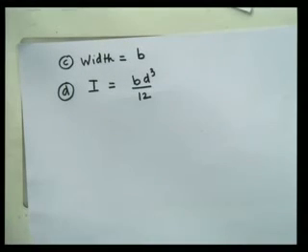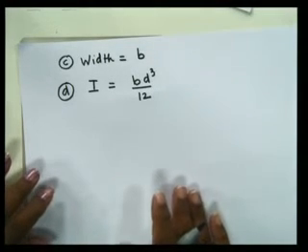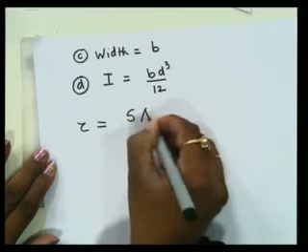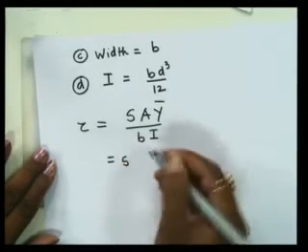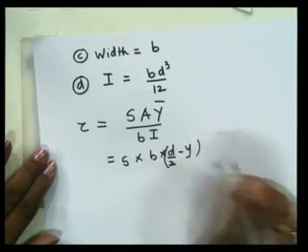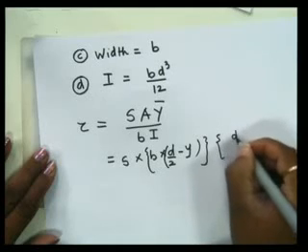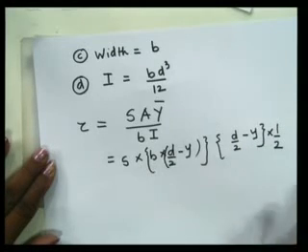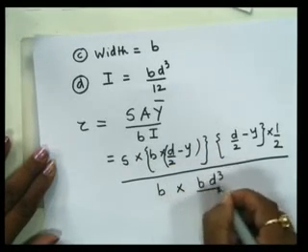Now to find the value of tau, that is equal to S A y bar upon B I. The area A is B into D by 2 minus y, y bar is one half of D by 2 minus y, upon the width B and I is B D cube by 12.